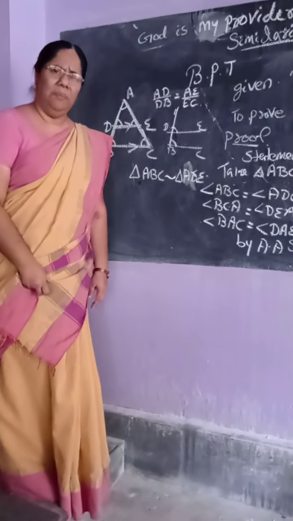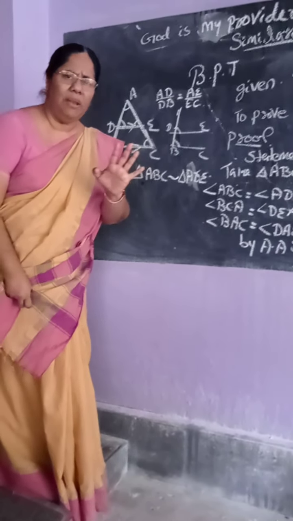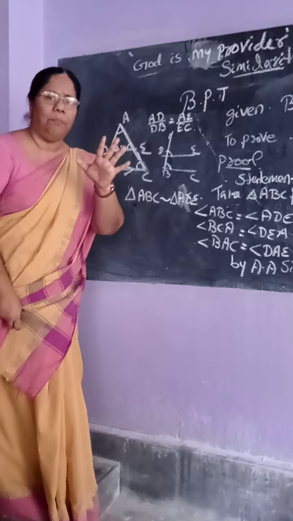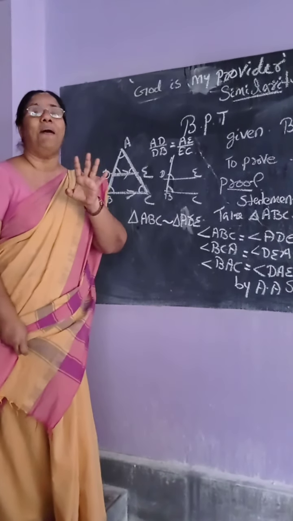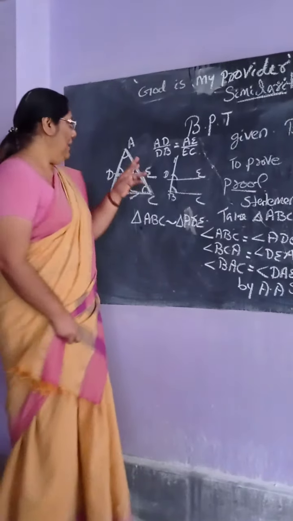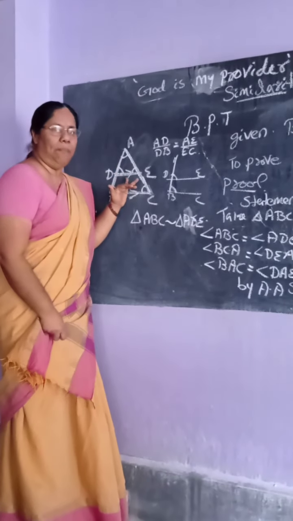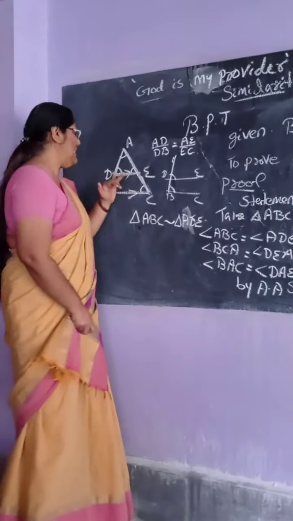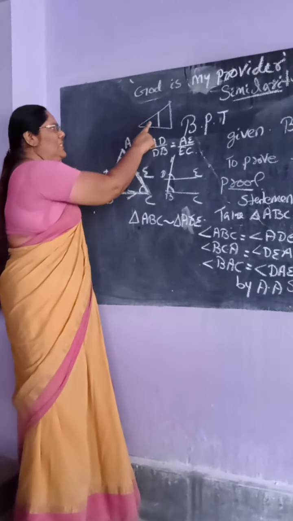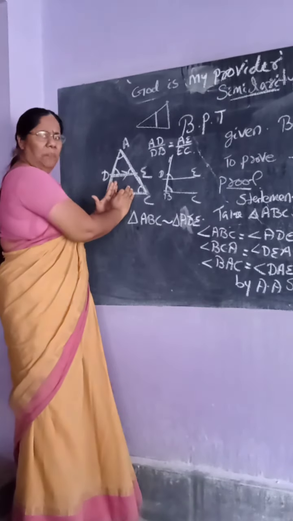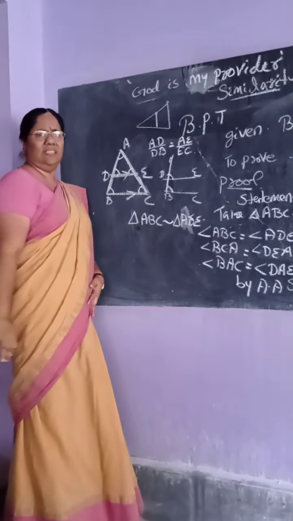Then what is the next step? If two triangles are similar, then the next step is corresponding sides are proportional. Understand? When you go through this type of question, most of the questions are the same or in this way. This figure is also the same, only the direction changes.